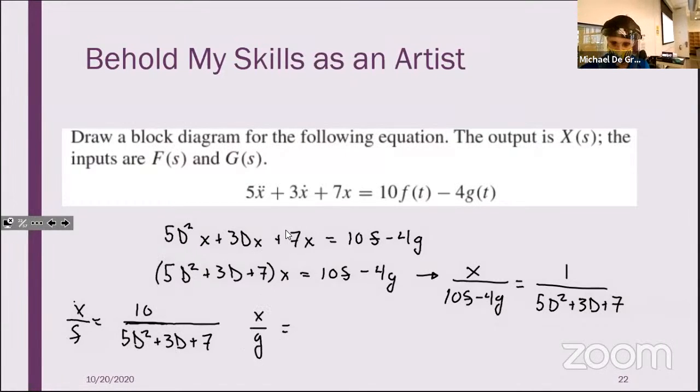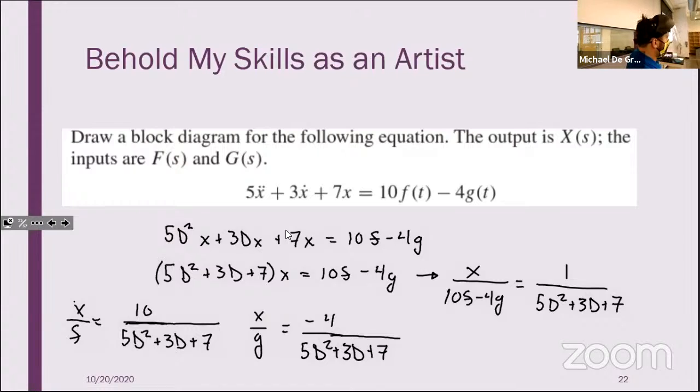If I ignore f, and leave f as 0, I end up with negative 4 over 5 d squared plus 3d plus 6. So what is the difference? All I've done is, instead of treating 10f of t minus 4g of t as my total input, I'm picking one or the other. Is that legal? Is that fine?